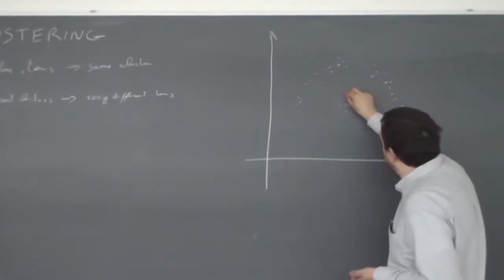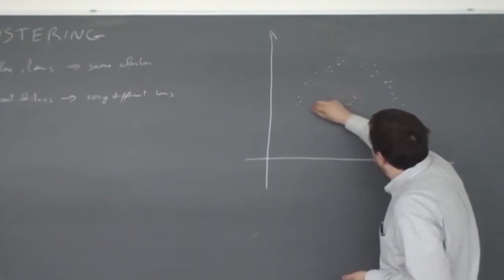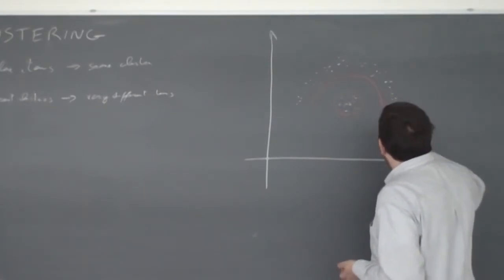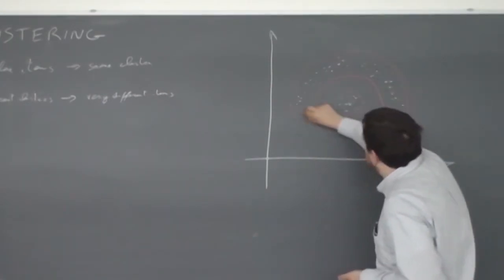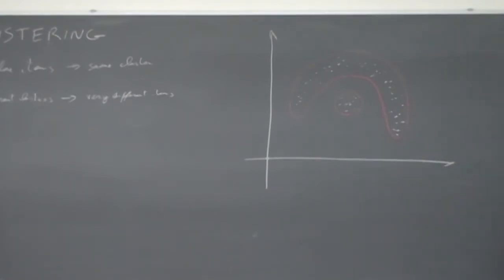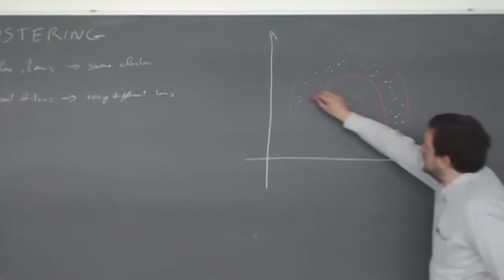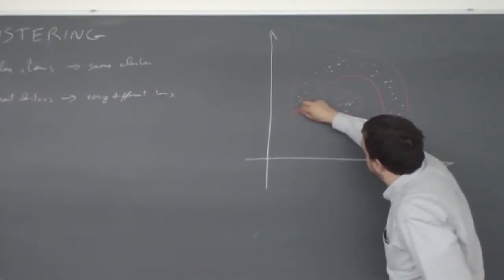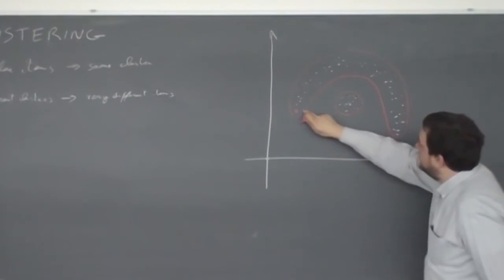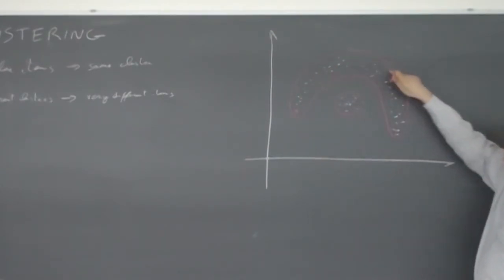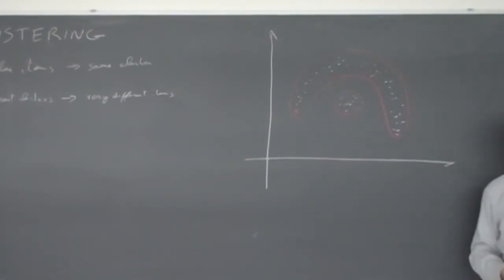The first is a small cluster here in the center, and the second is a large cluster of points around here. Why do I say that? Because, you see, there is no solution of continuity from this point to this point. You can find a chain of very similar elements from one to the other.